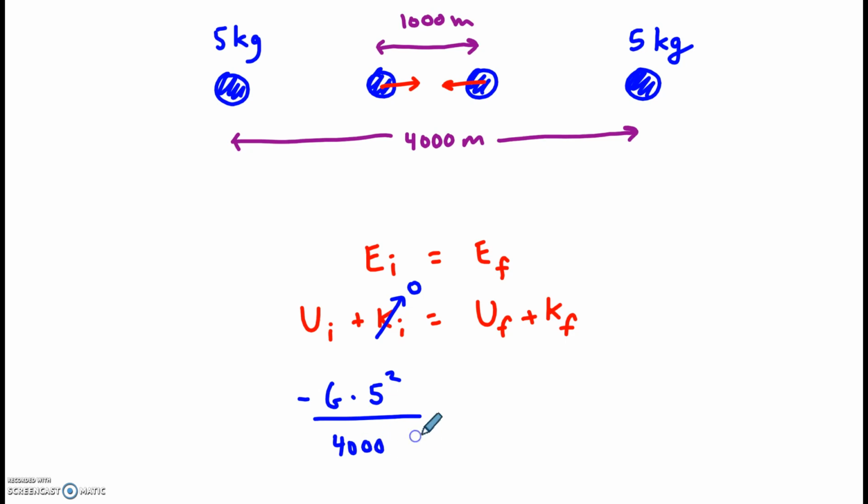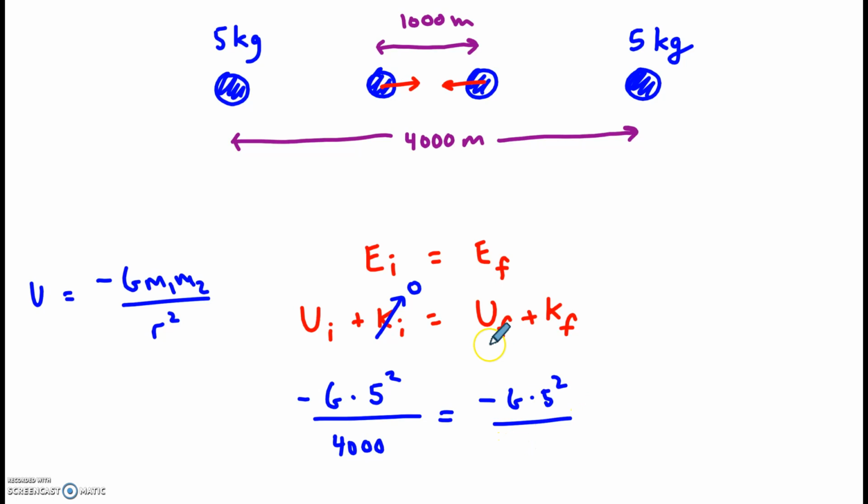Initially, they're 4,000 meters apart. On the right side, we put in the formula for U, which is given in the equation sheet. Negative G m1 m2 over r. The masses are both 5, so I have negative G times 5, or 5 squared. How far apart are they at the end? Only 1,000 meters apart.